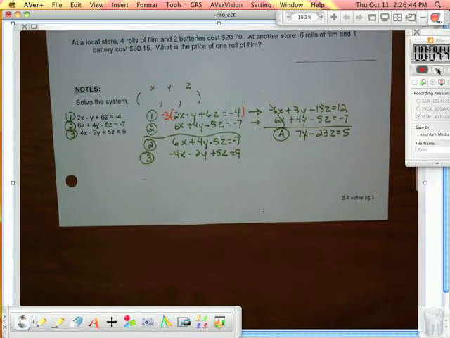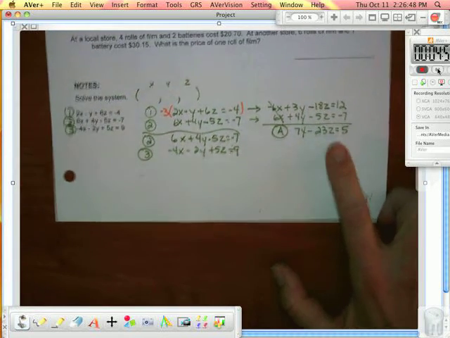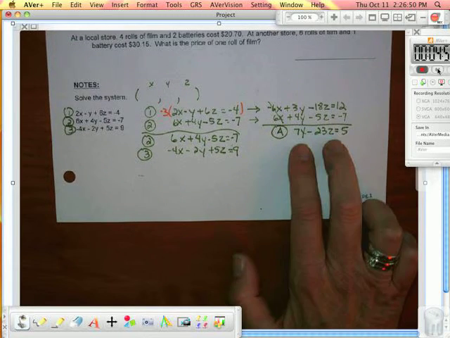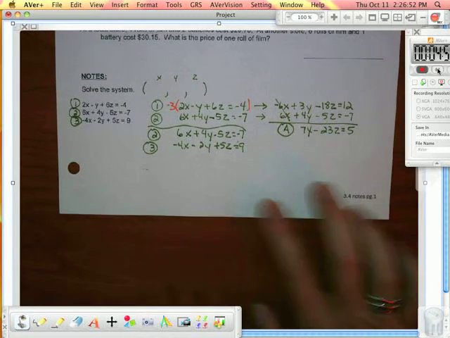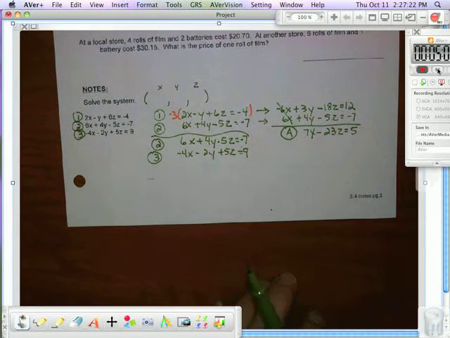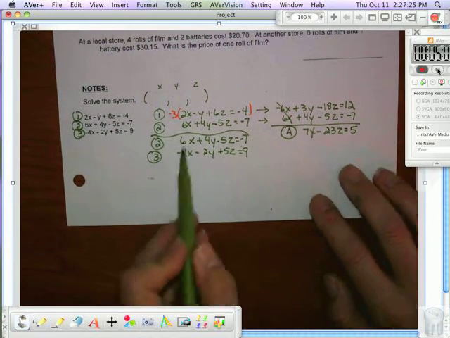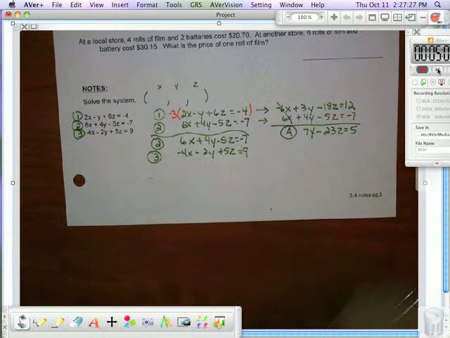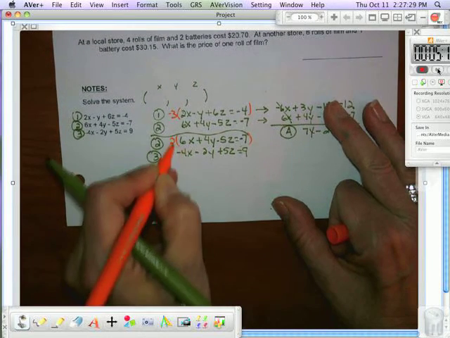So now I need to get rid of x, because I got rid of x here. That's my goal, to get down to 2 variables. So what do I need to multiply by to get rid of x? You could have done something else, but it's not going to help you right now. In order to get rid of x, I have to multiply, let's say, this by 2 and this by 3.